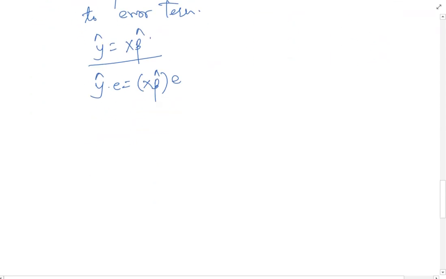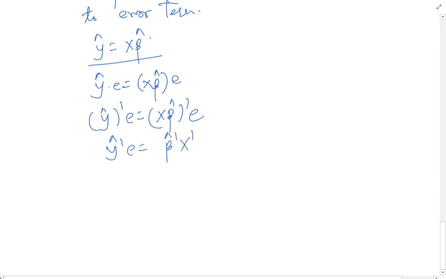And if we take the transpose of y hat, it will simply be beta transpose X transpose, so y hat transpose e equals, by using the property of matrices, beta transpose X transpose e. And from it we know that X transpose e is simply 0, so y hat transpose e equals 0.